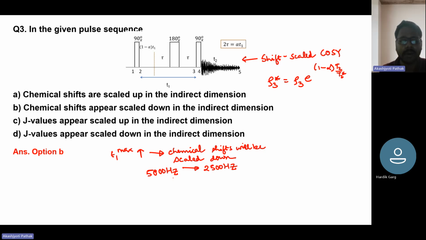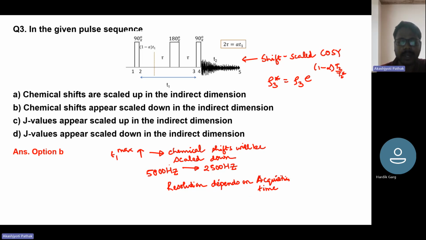On scaling down the chemical shift spectral range from 5,000 hertz to 2,500 hertz, for the same number of increments, the T1 max will go up, and therefore the inherent resolution in the spectrum will increase, because the resolution depends on the acquisition time.